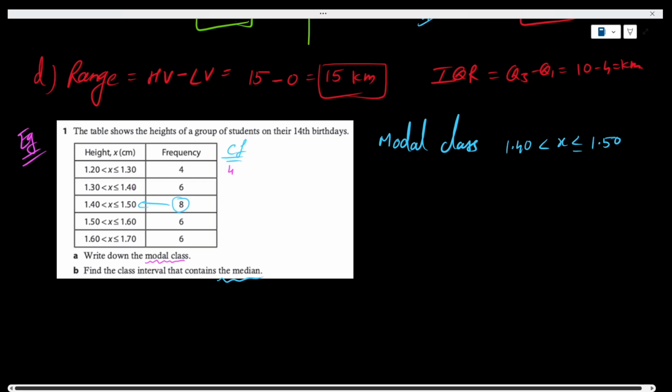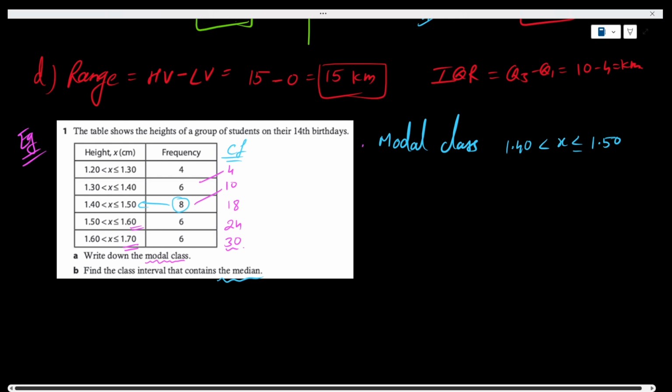Then everything less than 1.40 will be 10, because you keep adding the previous cumulative frequency to the next frequency. So the next one will be 18, which is everything less than or equal to 1.5. Then everything less than or equal to 1.60: 18 plus 6 will be 24, and everything less than or equal to 1.7 is going to be 30.